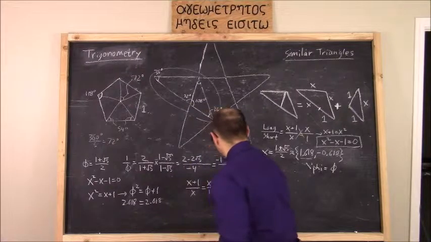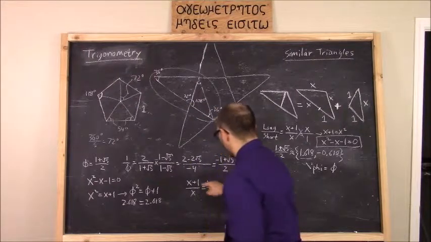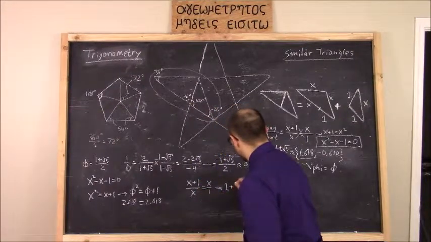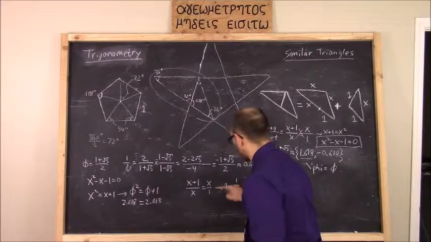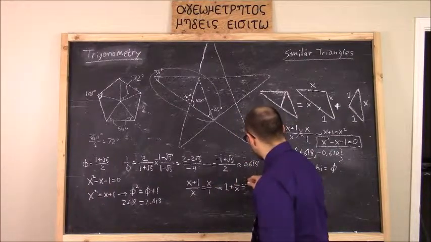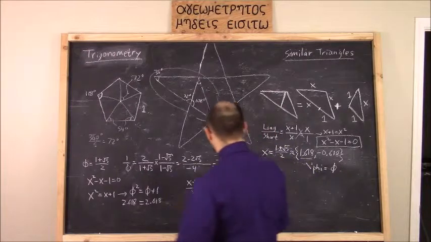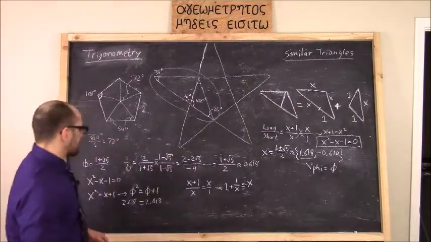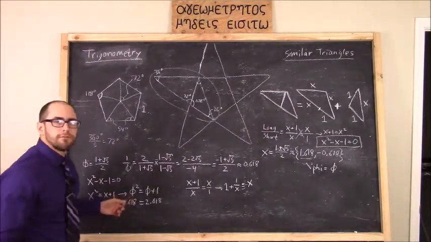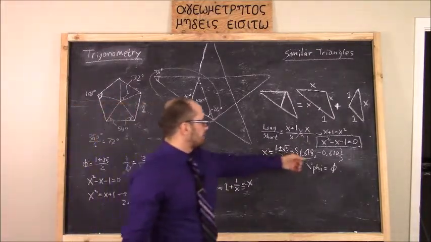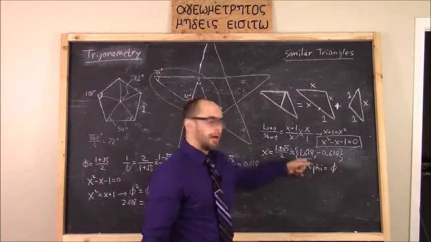X divided by x is 1. 1 divided by x is 1 over x. X divided by 1 is x. Okay, again, we have solved for x and said it's equal to this constant phi.